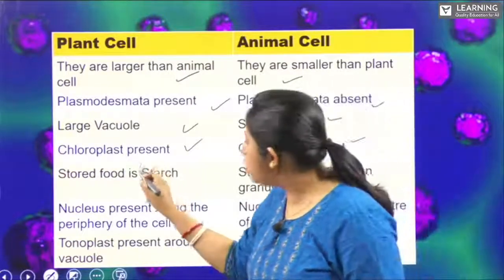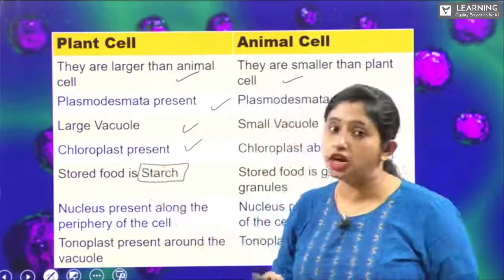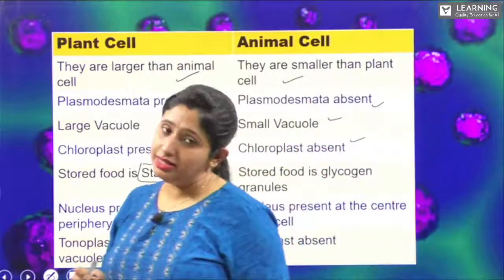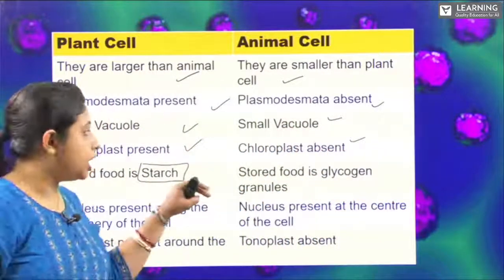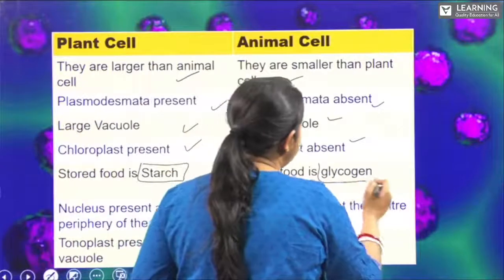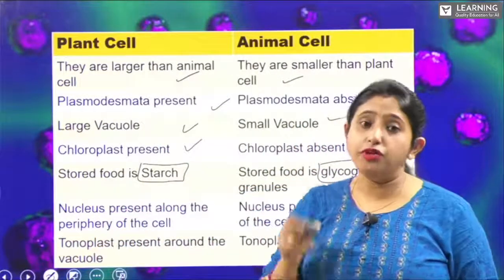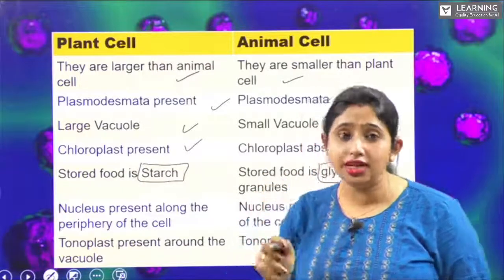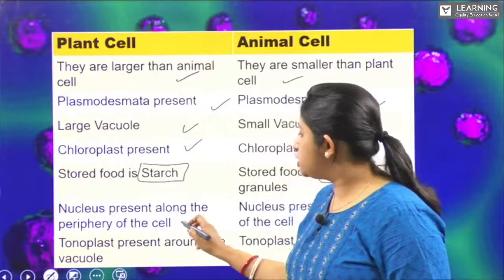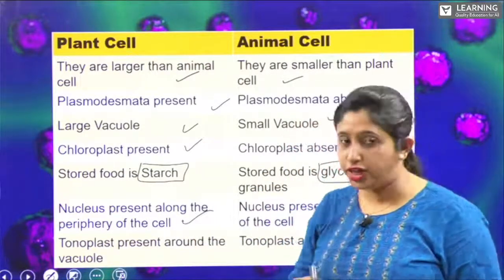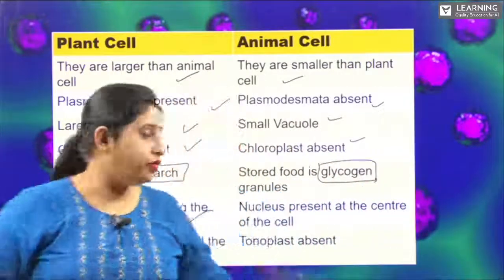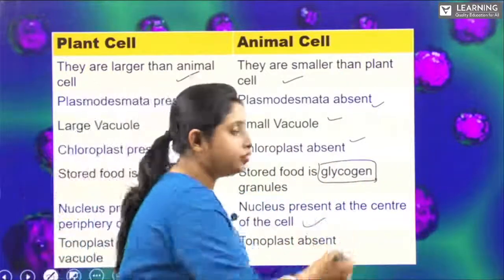Plant cells store food in the form of starch, while animals store food in the form of glycogen in the liver and muscle cells. The nucleus is present along the periphery in plants, and in the center of the cell in animals.